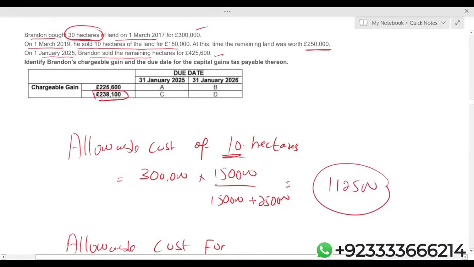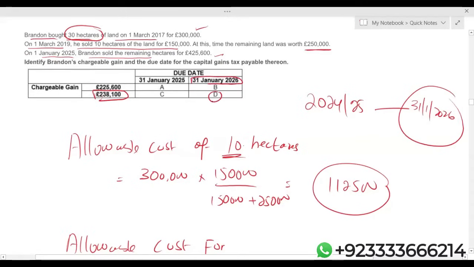So for a disposal in 2024-25, CGT payment date is going to be 31st January after the end of the tax year. So that is going to be this. So can I say logically option D? Logical choice is option D.